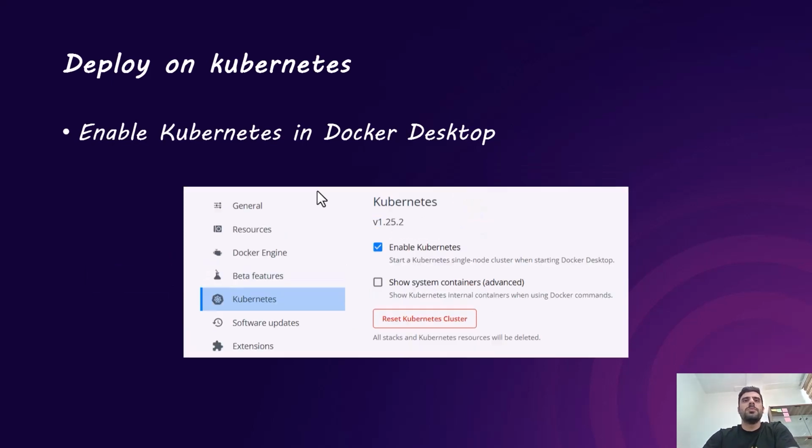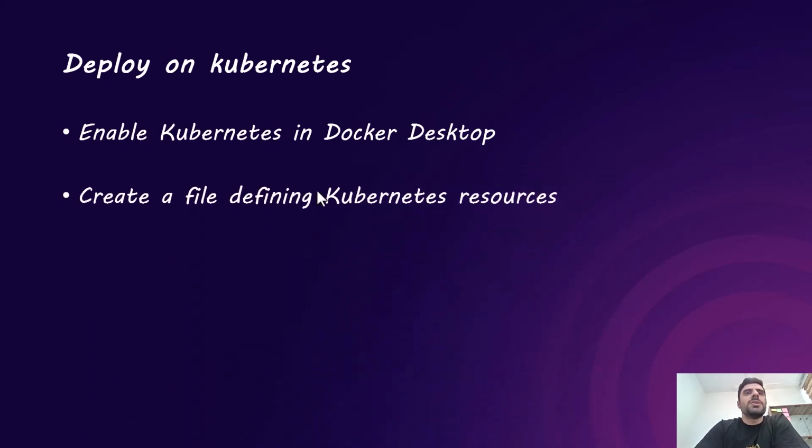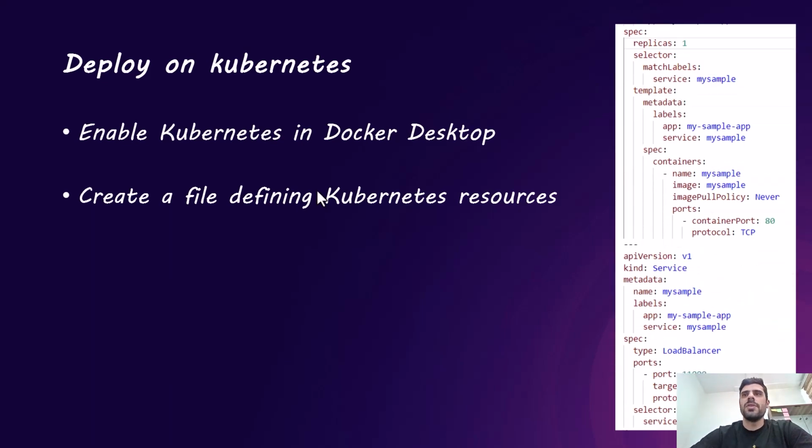After enabling Kubernetes, I need to create a file defining Kubernetes resources. It's very similar to the Docker Compose file. There are some important parts in the Kubernetes resource file. The most important part is its replicas section, which is used to say the number of replicas I'm going to run.